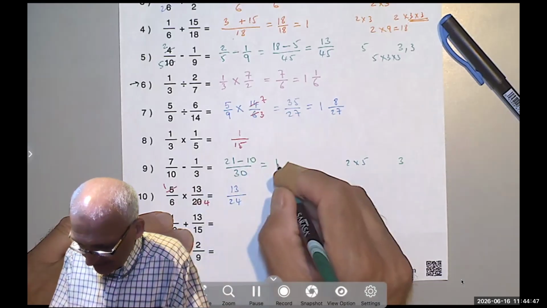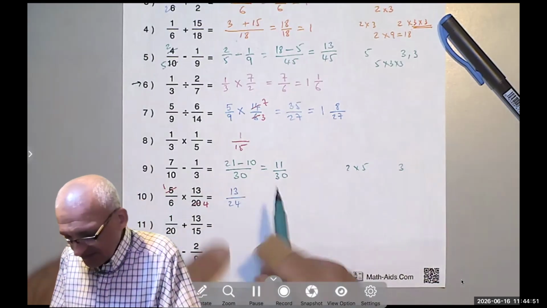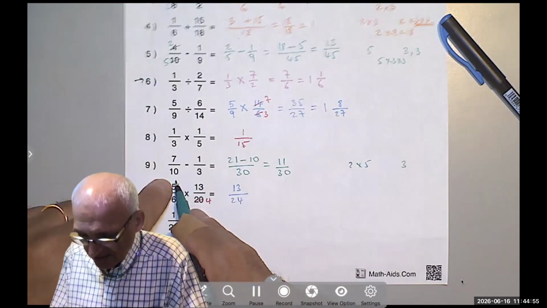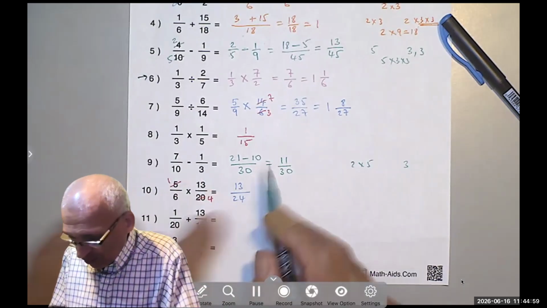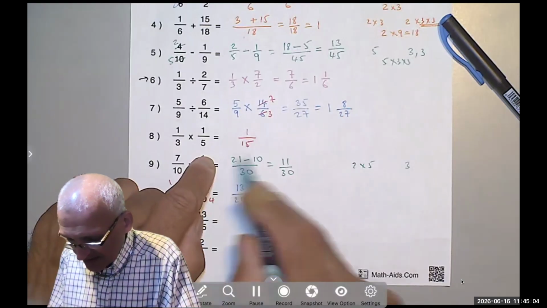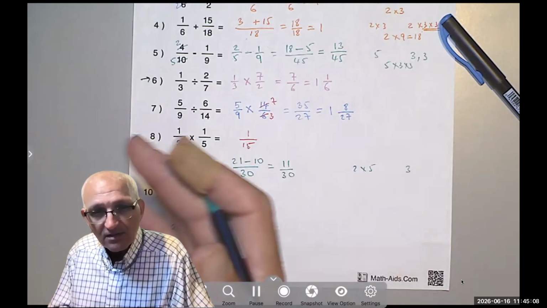I get 11 over 30. It saves some time. Instead of saying 30 divided by 10 is 3 and 3 times 7 is 21, or 30 divided by 3 is 10 and 10 times 1 is 10, I don't need to divide the 30.